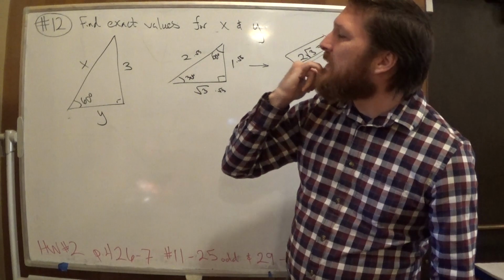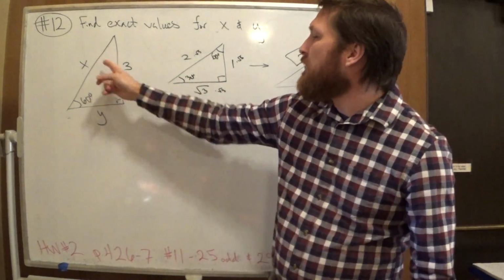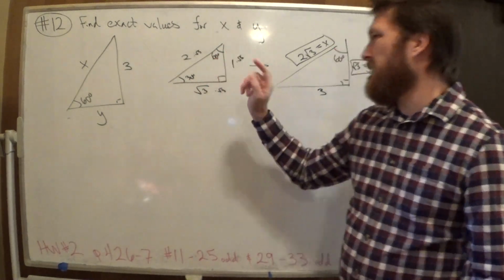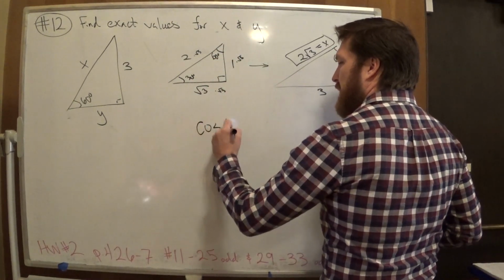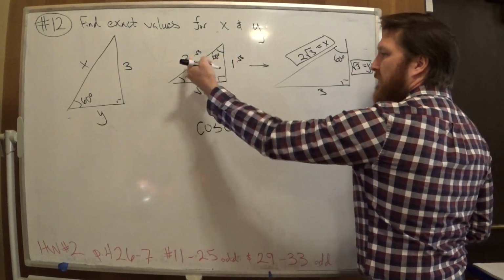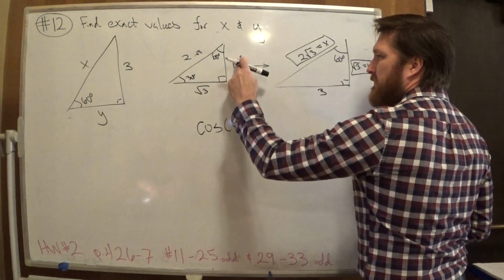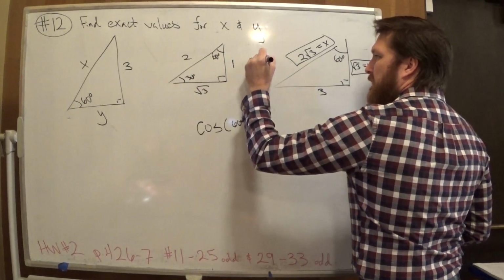One thing you might think is to say, well, maybe I could find cosine of 60. What's cosine of 60, real quick? 1 over 2. There you go. Cosine 60 degrees is adjacent over hypotenuse. I'm going to get these out of there. And what we did here is we multiplied by root 3.